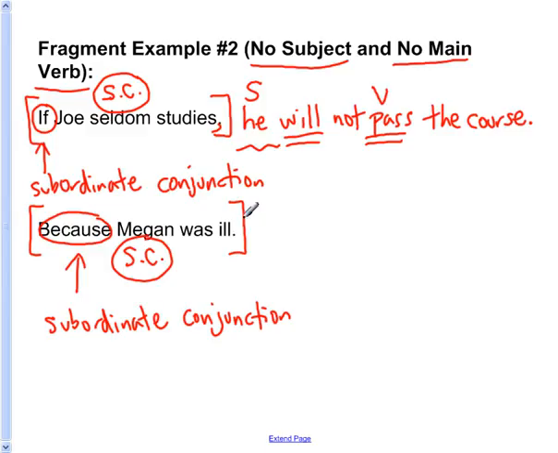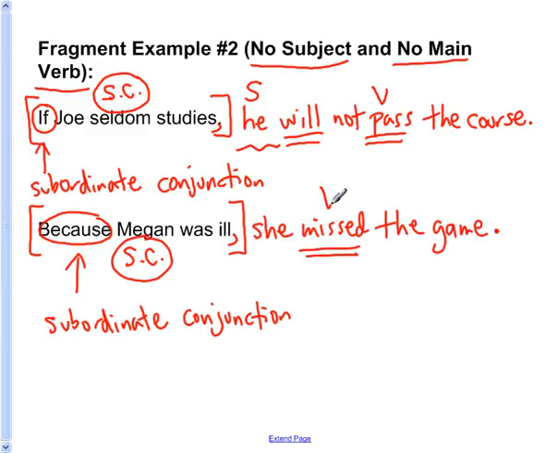That whole word group is considered the subordinate clause. So again, we have to add a subject and a verb. Because Megan was ill, she missed the game. So missed here is the main verb, and the subject of this sentence is she. Now we have a complete sentence, an independent clause, because we have a subject and verb.